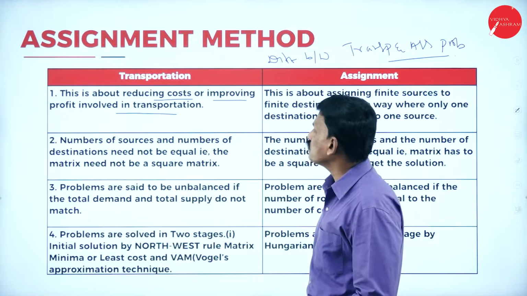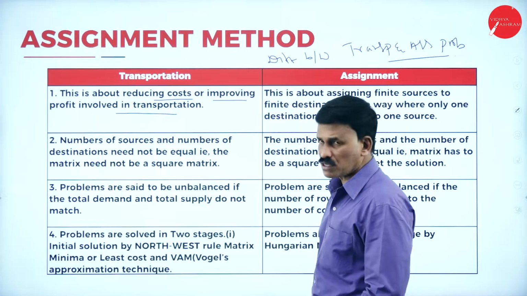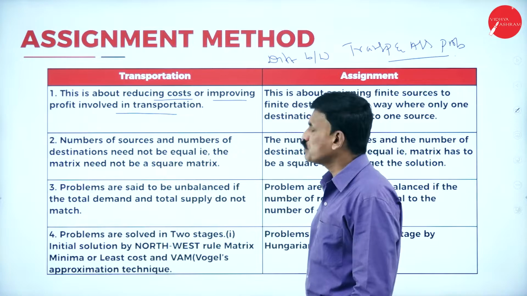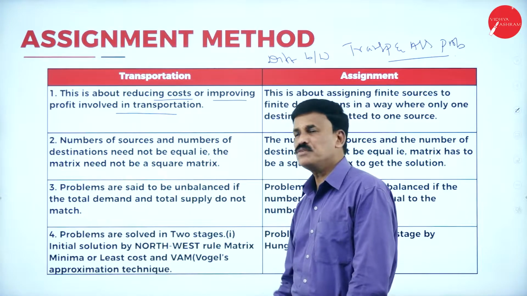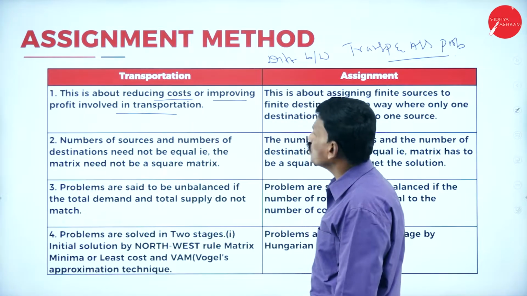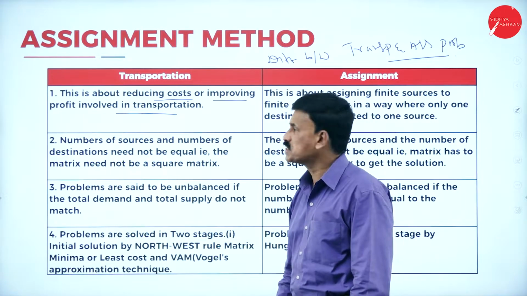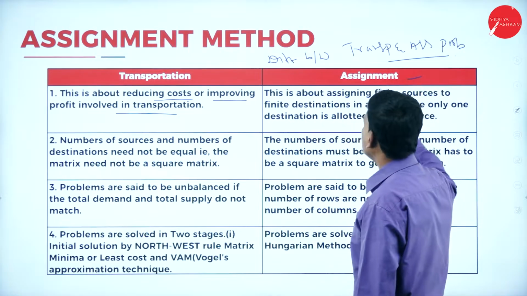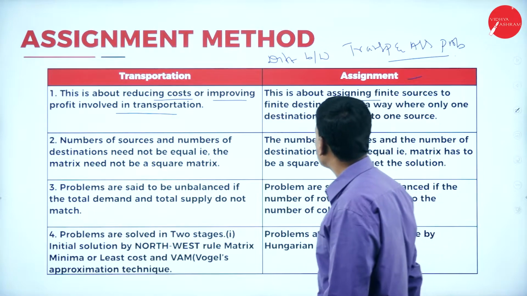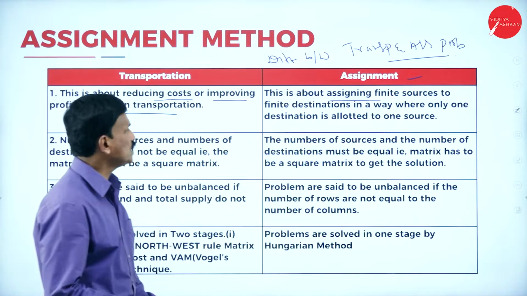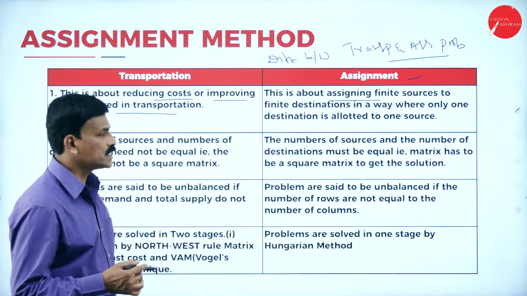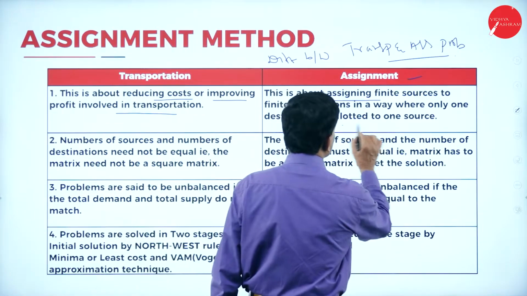Whereas the assignment problem is about assigning finite sources to finite destinations in a way where only one destination is allowed to one source.